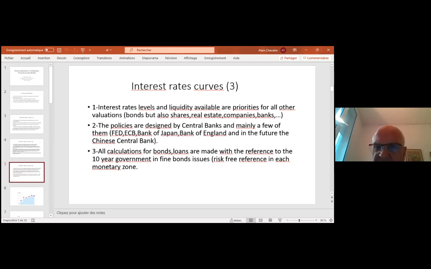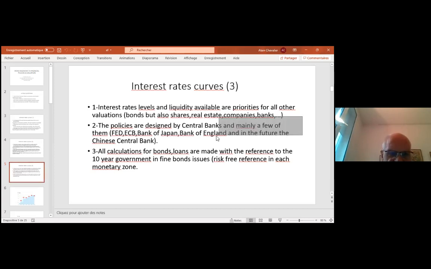It means when you want to compare two different loans or two different issues of bonds, you have to swap them against 10-year infinite bonds. That's the general principle which is admitted everywhere in the world to make comparisons of cost of bank loans or of bond issues.